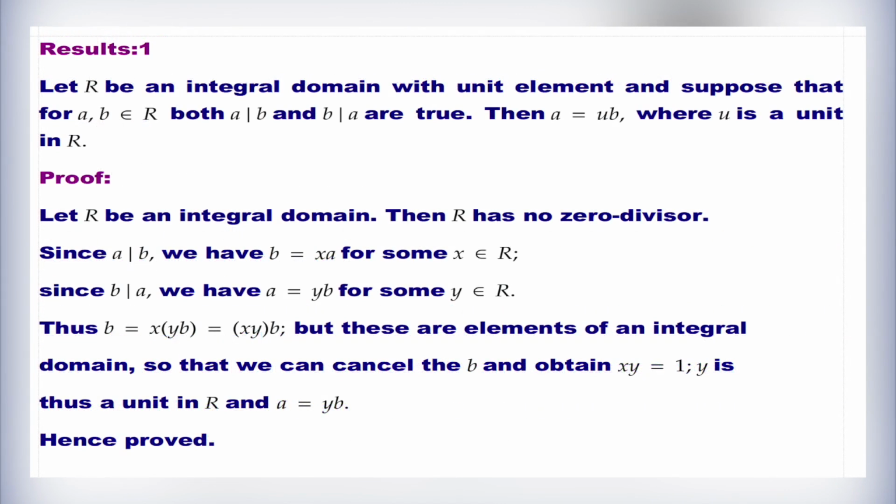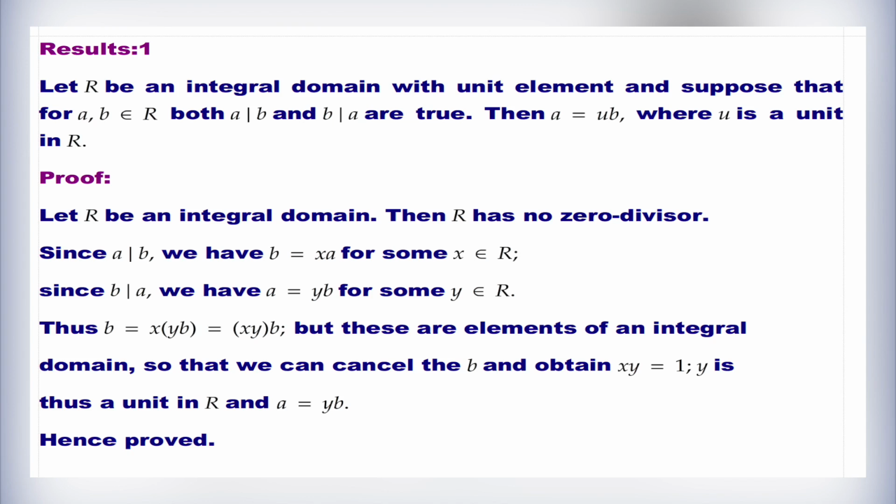Some results are as follows. The first result is, let R be an integral domain with unit element, and suppose that for A and B in R, both A divides B and B divides A are true. Then A = UB, where U is a unit in R.